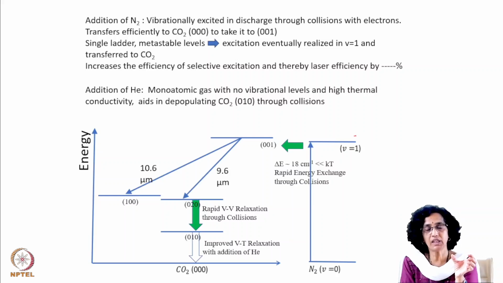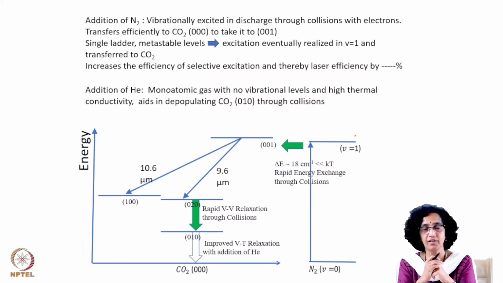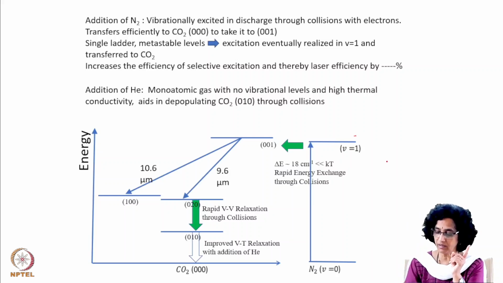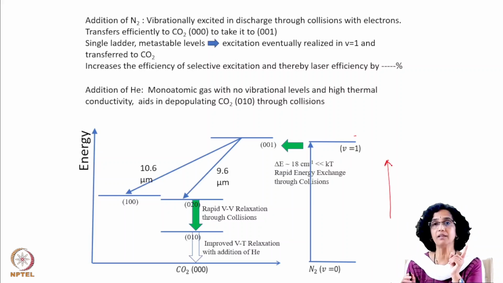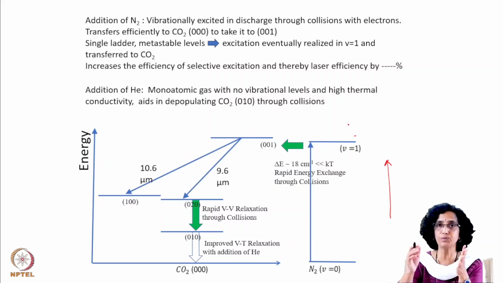So how many normal modes of vibration can it have? We've seen just a while ago that it will have only one ladder of vibration. So this is the only ladder of vibration that a nitrogen molecule can have. So it can have V equal to 0, V equal to 1, V equal to 2, etc., but it is in this particular mode itself.